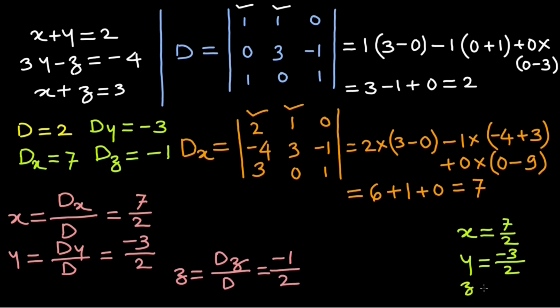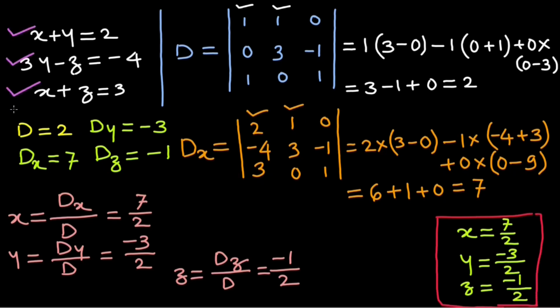So z will be -1 by 2. So x equals 7 by 2, y equals -3 by 2, and z equals -1 by 2 is the solution of these three linear equations in three variables x, y, and z.